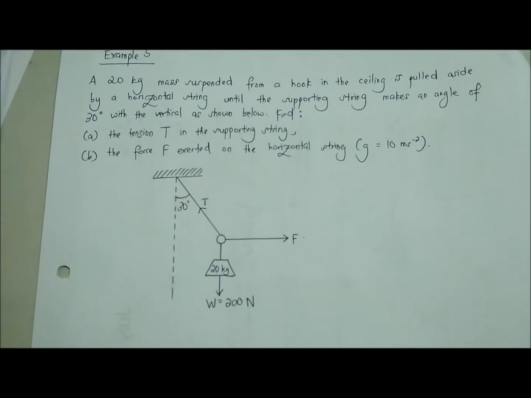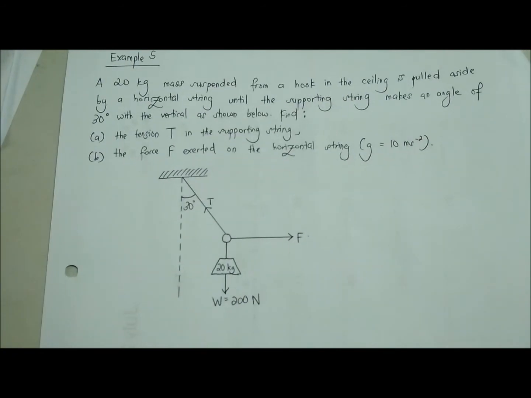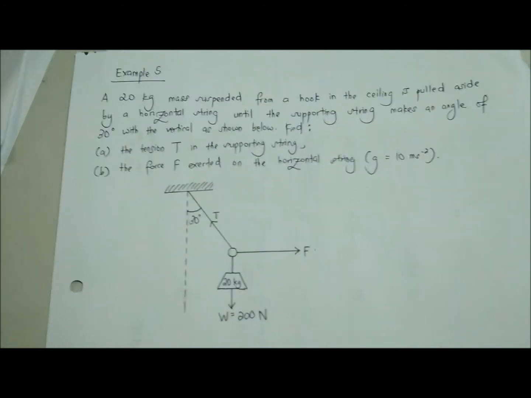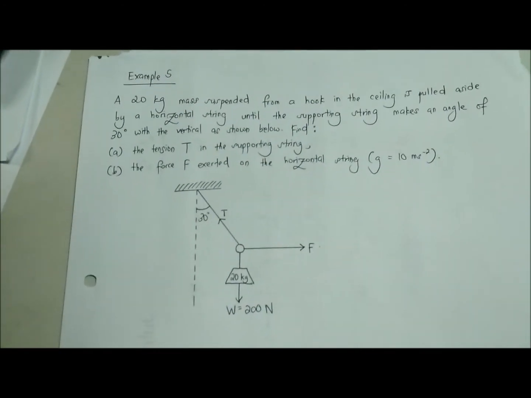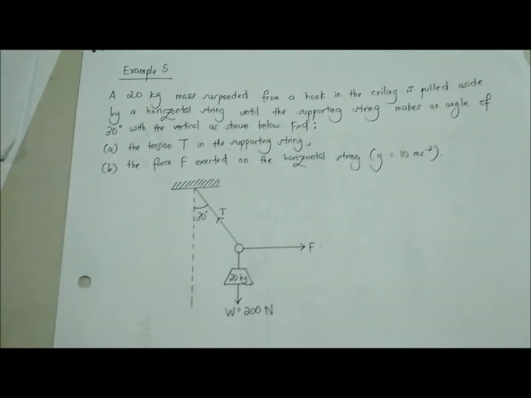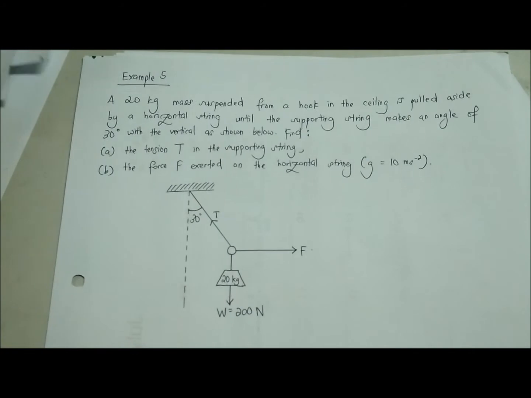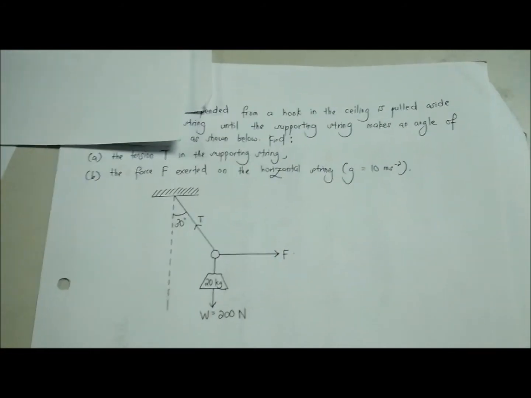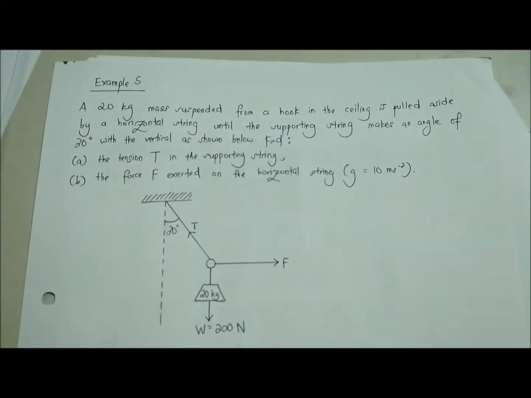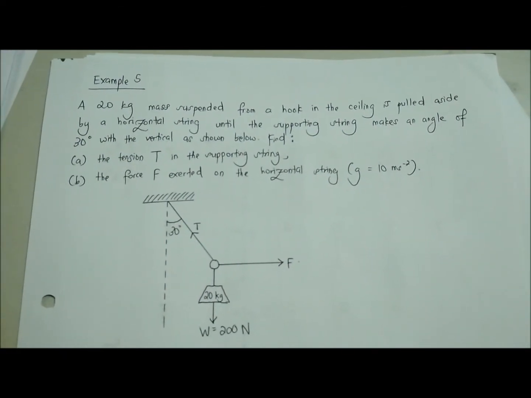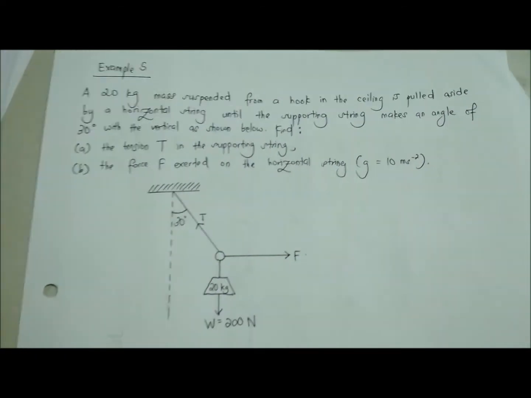There are two things that we need to find here. A, find the tension T in the supporting string. And B, find the force F exerted on the horizontal string, given that g is equal to 10 meters per second squared.